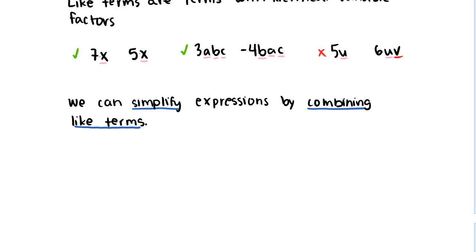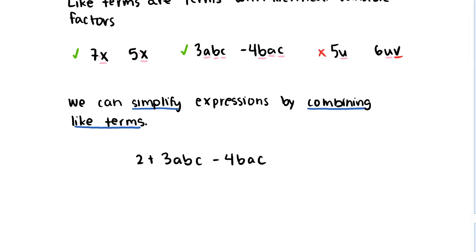For example, if I have the expression 2 plus 3abc minus 4bac, one thing I want you to notice is that there's this 2 plus 3 here, but the order of operations tells us that 3 is being multiplied to abc before anything else. And so, trying to add 2 and 3 together wouldn't really make sense. It wouldn't give us an equivalent expression. We wouldn't be able to do that.